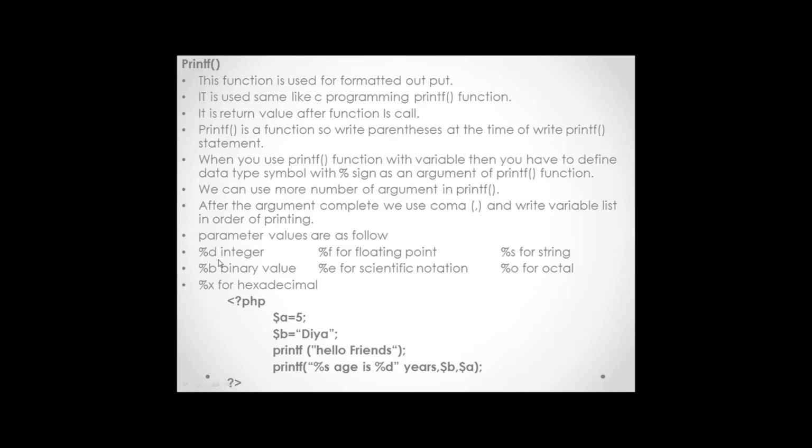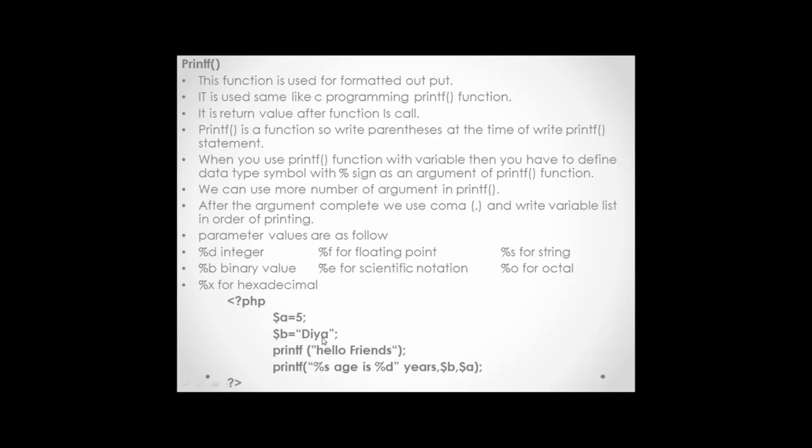After that, we use a comma sign and write the variable list in the order of the parameter list as we define it. In our example, I have used two variables: $a is equal to 5 and $b is equal to a string in double quotes.